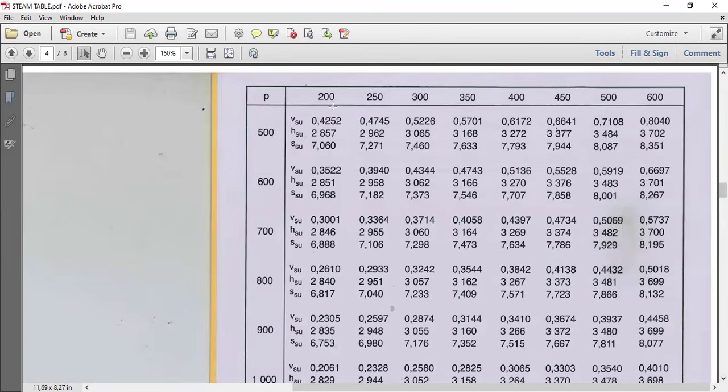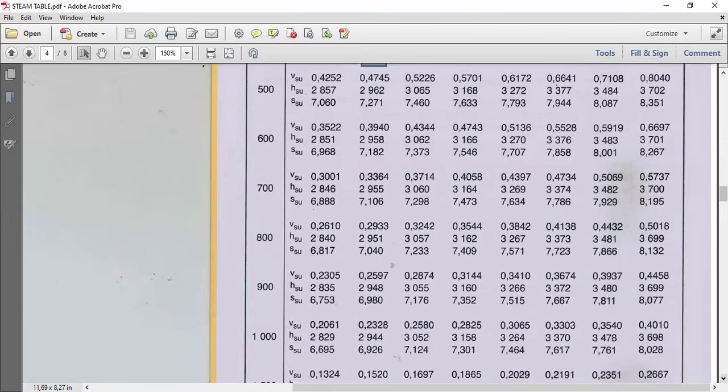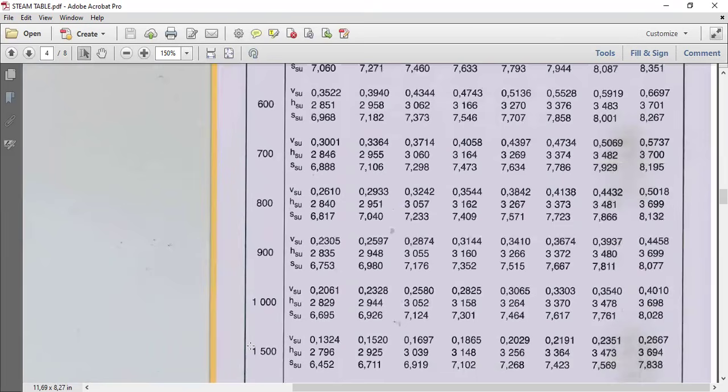If we check here, 250 is there, then the 1,500 is there. So if we take it straight, it is going to be this value. You could have used that one because it's there. So when you are given the specific heat capacity like that, you can just take it, you see, 2925 is there.